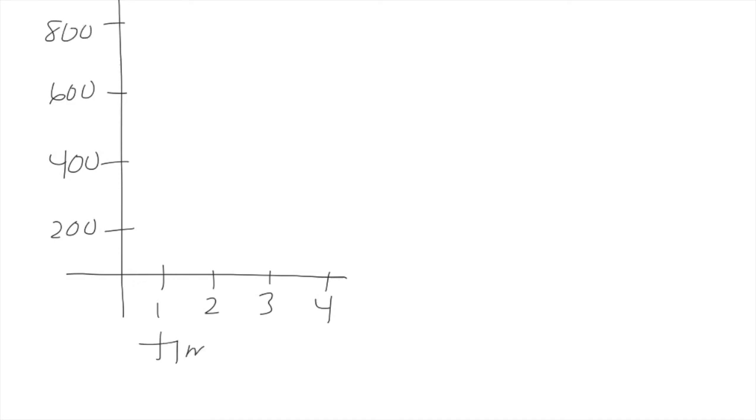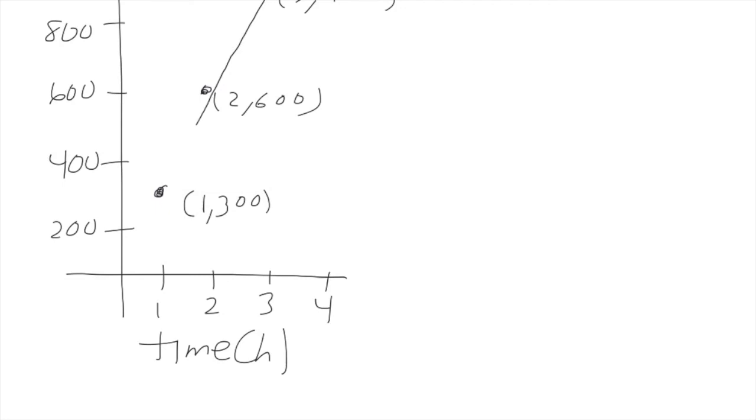And this is going to be the time in hours and my distance in miles. 1 hour will be 300 miles. 2 hours will be 600 miles. And 3 hours will be 900. So this was, again, 1, 300, 2, 600, and 3, 900.